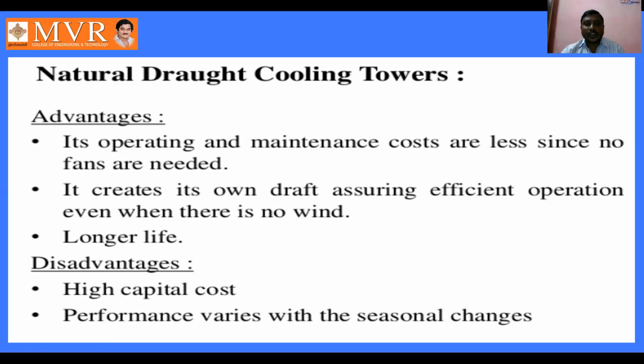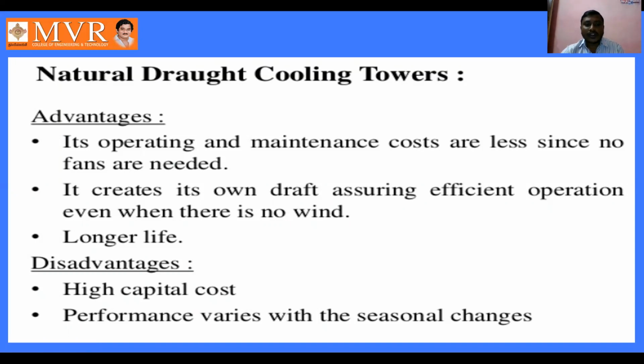Without any external equipment, the air directly enters the cooling tower, so operating and maintenance costs are very low. It creates its own draft, assuring efficient operation even when there is no wind. Natural draft cooling towers also have a longer life.